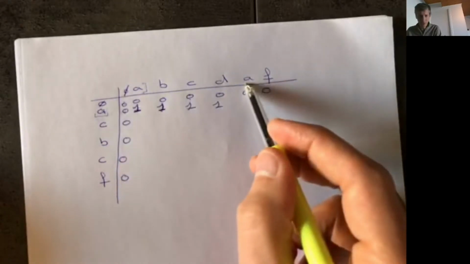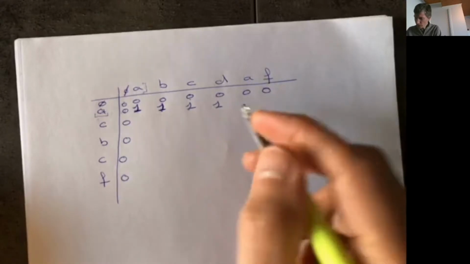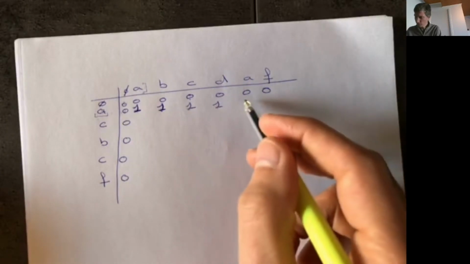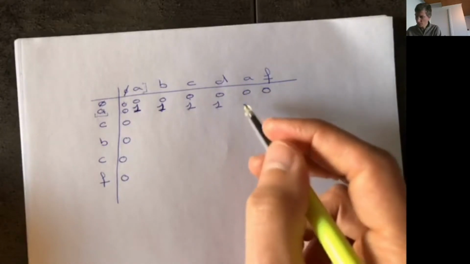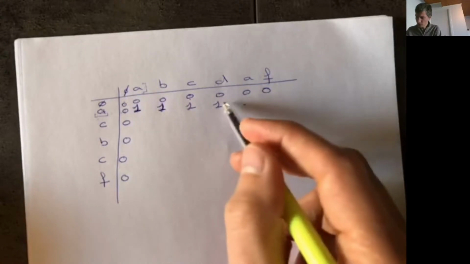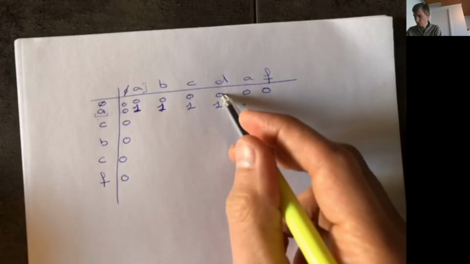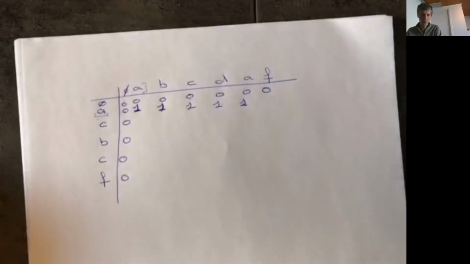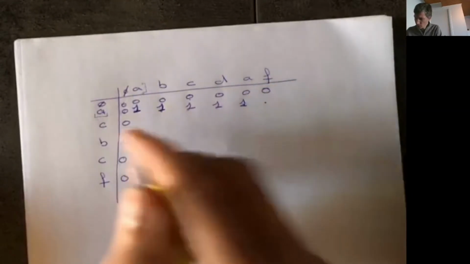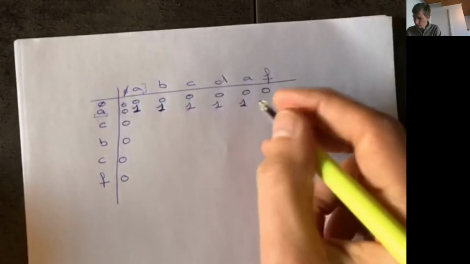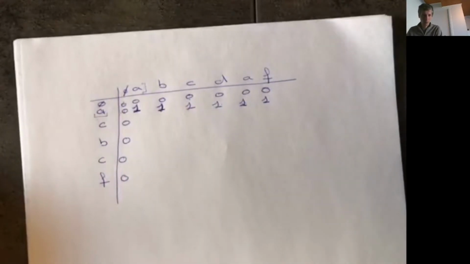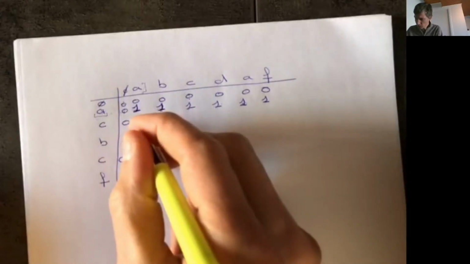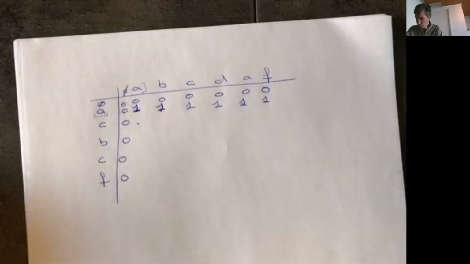A is equal to A, so here I take the maximum of 1, of 0, or 1 plus 1 left and 1 up, which is 0. So it's a maximum of 1, 1, or 0, which is 1. Okay, and here A and F are different, so I simply take 1. Okay, so this is my first row. And you can see you can easily fill in this table very quickly.